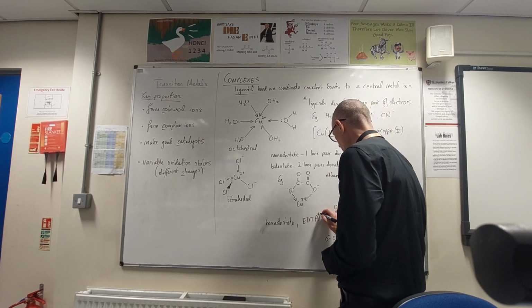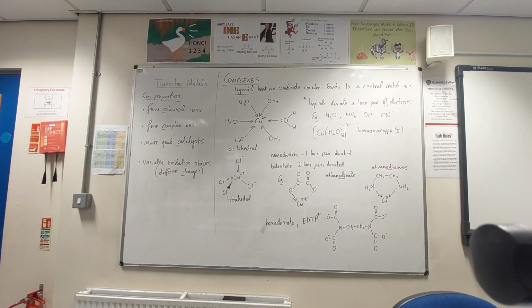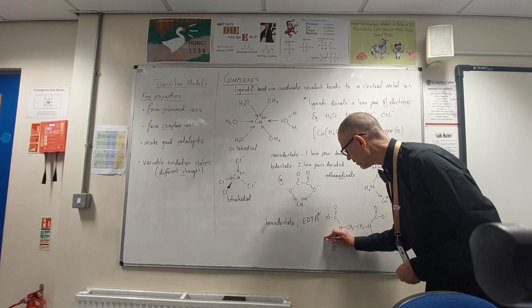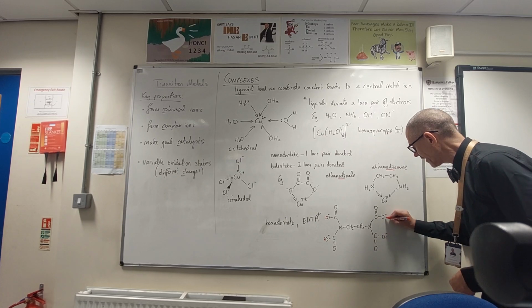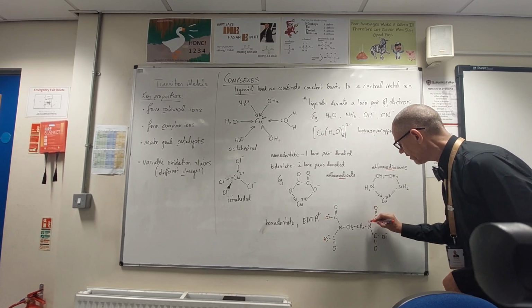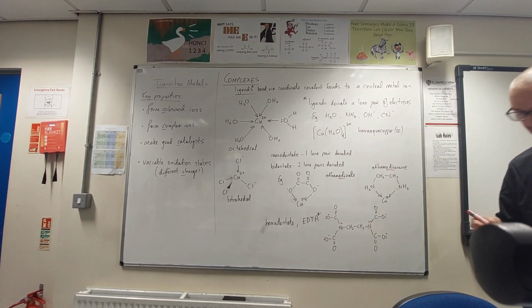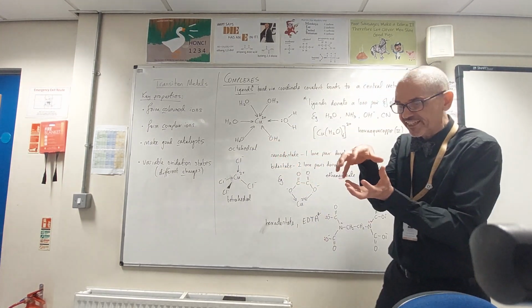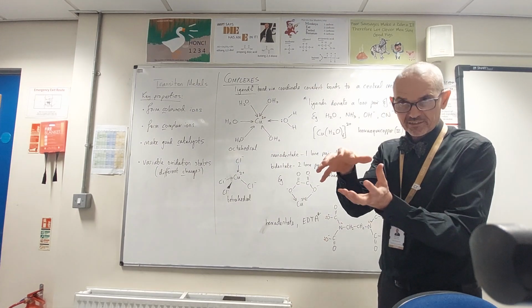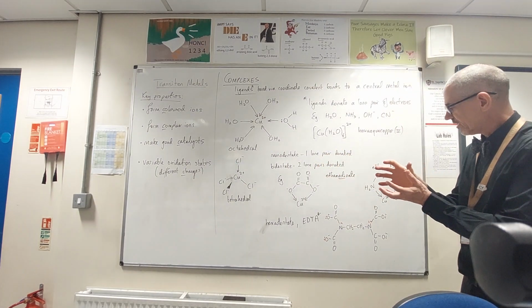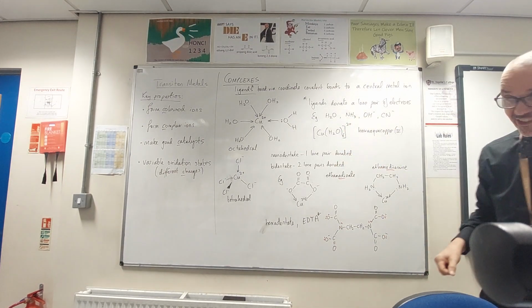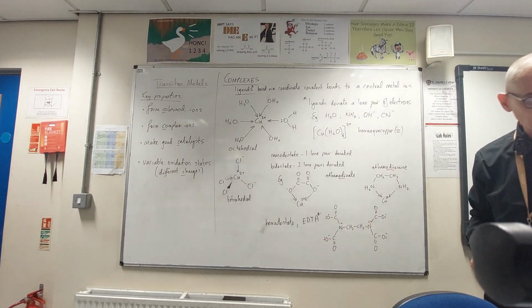Oh, that's 4 minus, by the way. On the 4 oxygens, so 1, 2, 3, 4, and the 2 nitrogens. So the EDTA molecule holds onto the metal ion by grabbing hold of it with these 2 arms which come around and grab it, sometimes called chelating.